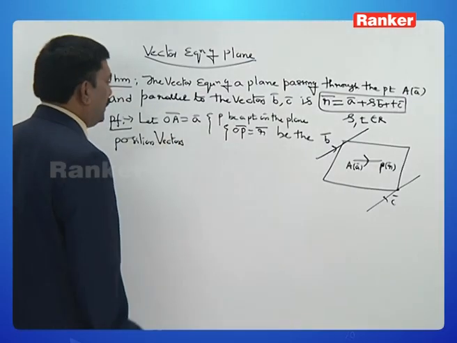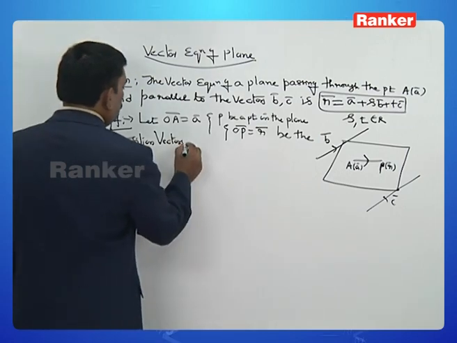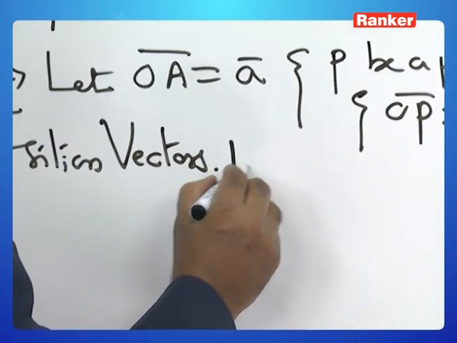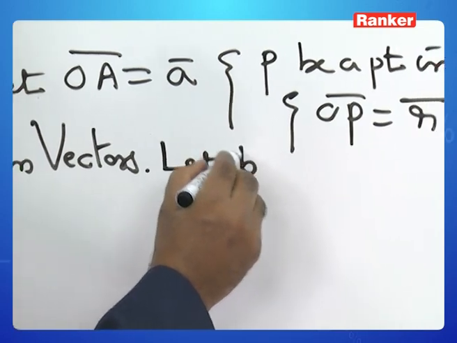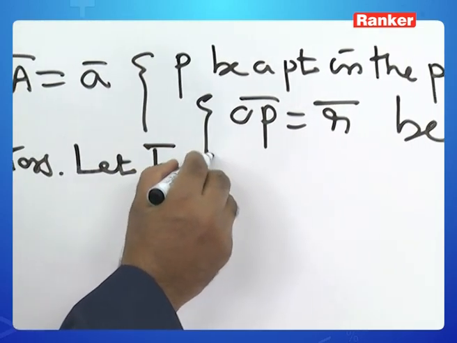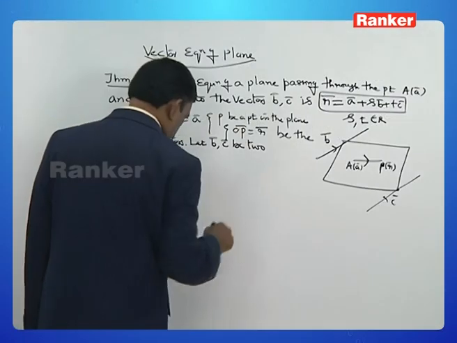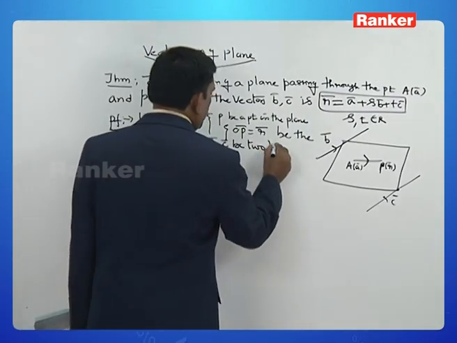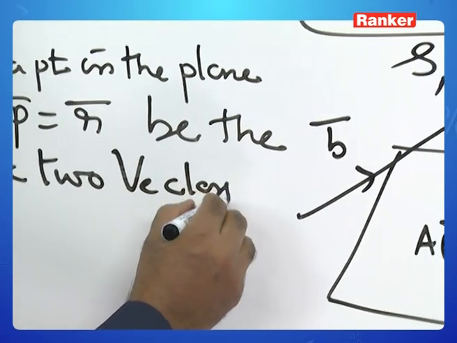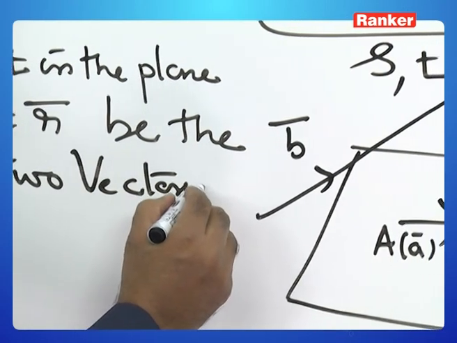Let B bar, C bar be two vectors parallel to the plane.